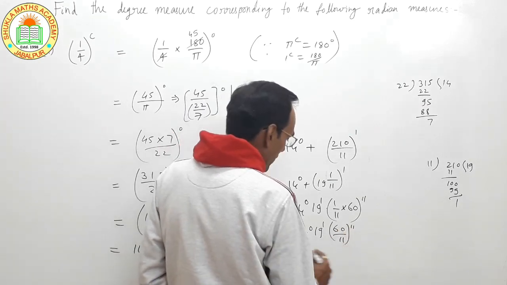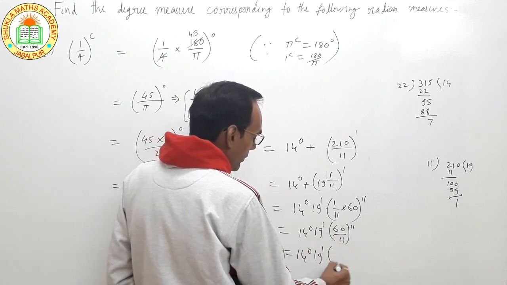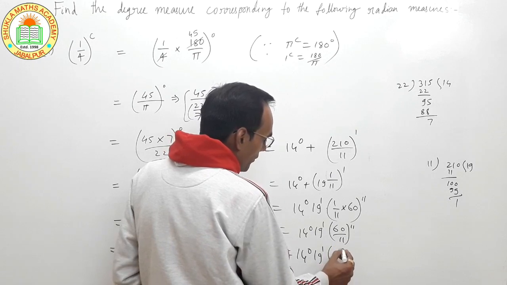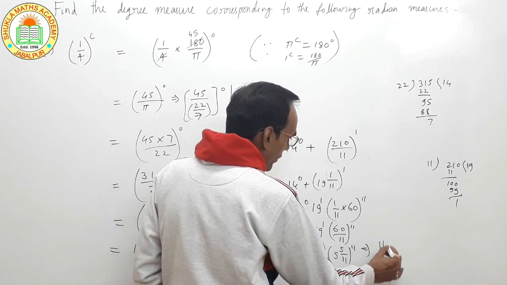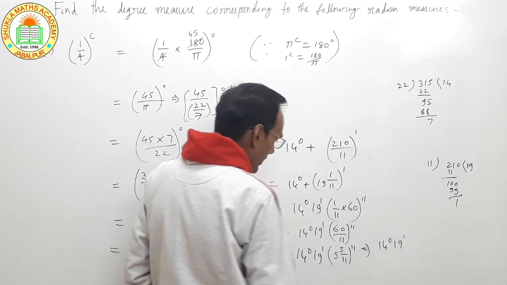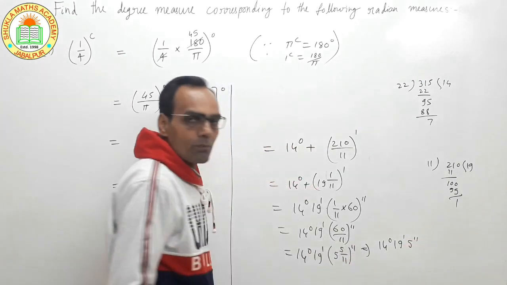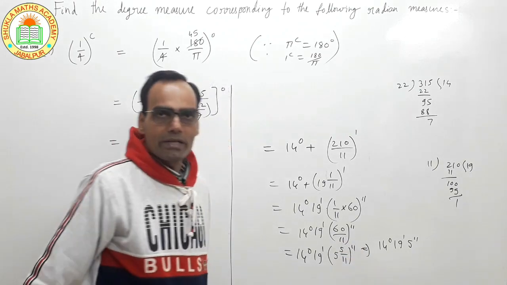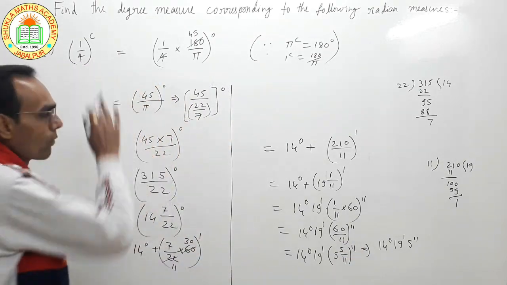So we must convert this 60 by 11 into mixed form. 11 fives are 55, 5 remainder by 11 seconds. So this is 14 degree, 19 minutes and 5 seconds, and 5 by 11 is a very small quantity, so it is negligible, so neglect it. So this is the value, 14 degree 19 minutes and 5 seconds, of the 1 by 4 radian.